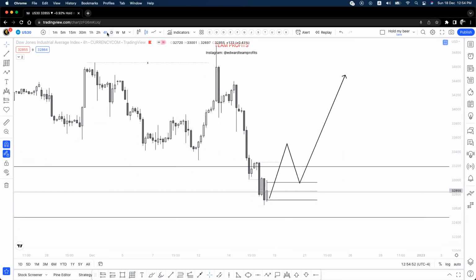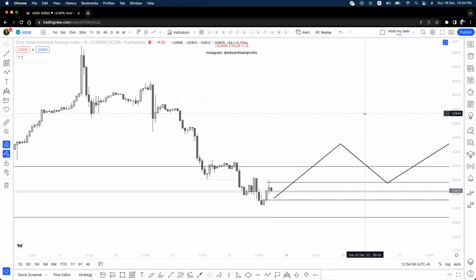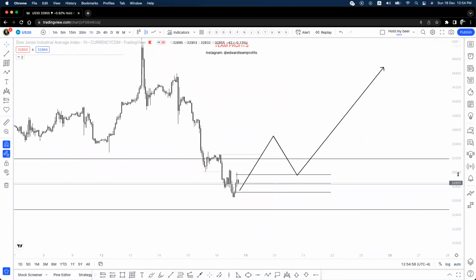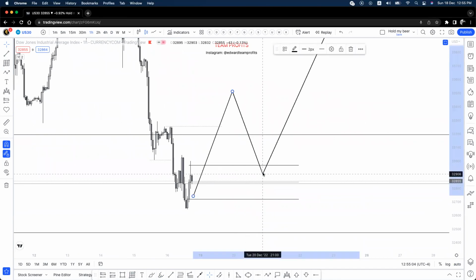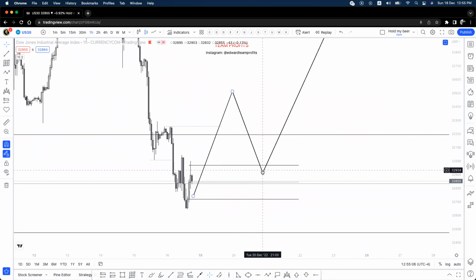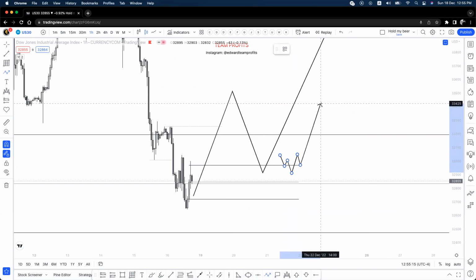Now, what do we need to do before we do that? Again, for everything to be aligned, go on a 1 hour or 15-minute, go smaller time frames, right? At least 1 hour. And right here, once the market starts getting into this zone, you want to look for a BOS, change of character, order block, boom.